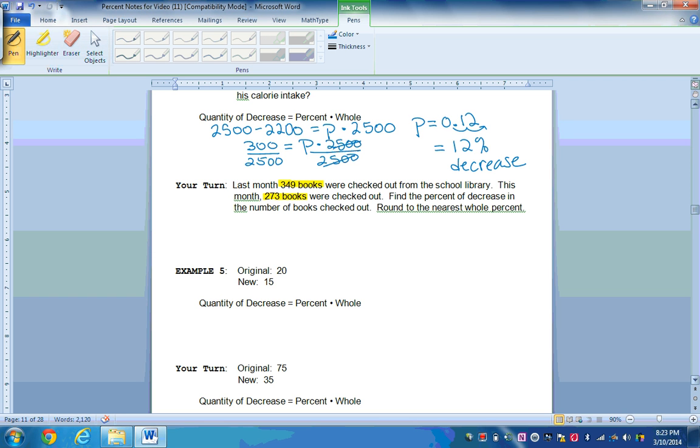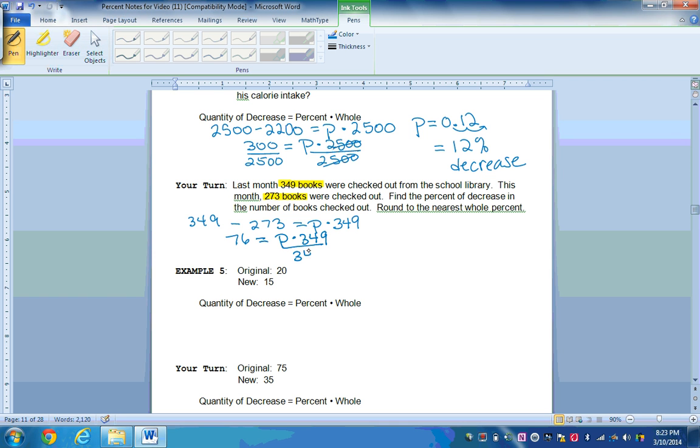Okay, welcome back. Same process here. We're going to take our two numbers and subtract them to get the quantity of decrease. So we're going to do 349 minus 273, and that's going to equal the percent times the whole, which was my starting number of 349. If we do this subtraction, we end up with 76 equals P times 349.